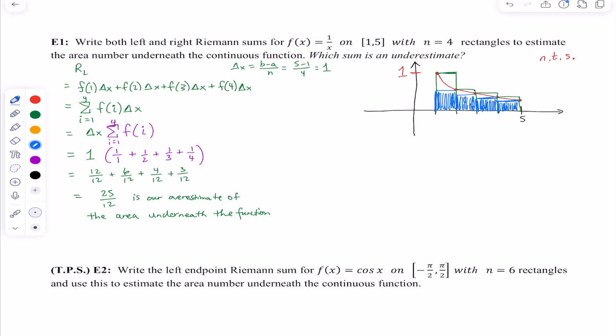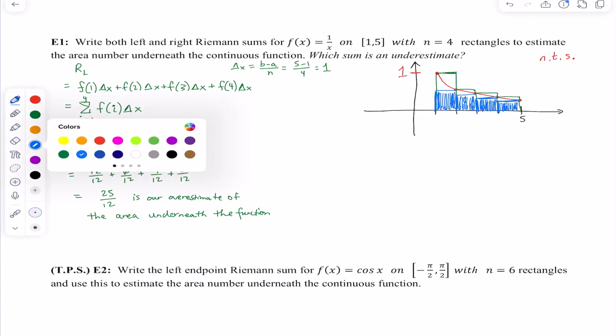How can you see an underestimate? Because we have a gap right here. We never accounted for this gap here, and this little gap here, and there's a little gap here, and a little gap here. So we know this is an underestimate. Let's go ahead and write our right endpoint Riemann sum.